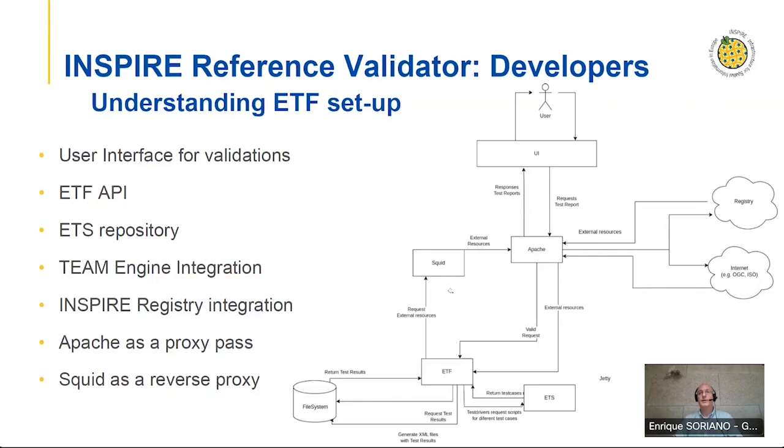In a normal operation, the external request will go directly to the source and come back. But as you may have noticed, you need to validate a lot of code lists and a lot of application schemas. So, for example, in relation with the registry, a simple validation will provoke tens of requests to the registry and eventually cause a degradation of the service performance.